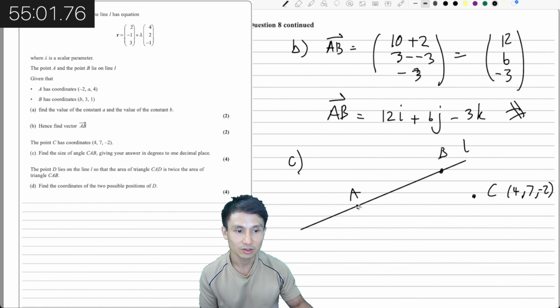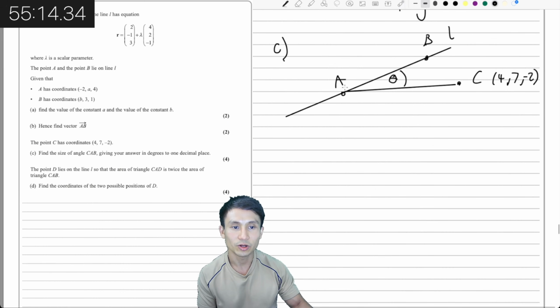Okay, so that means we need to find AC and AB first. We already got AB, so we don't need to find AB now. In order to find the angle CAB, which is theta here, we do the vector AB and AC, right? Now we already know A, right?